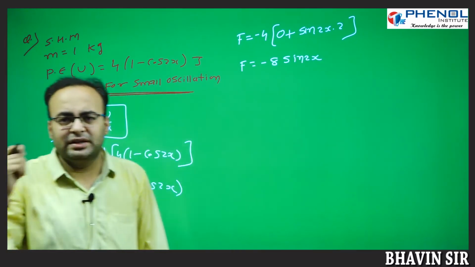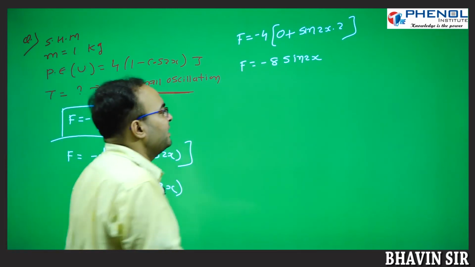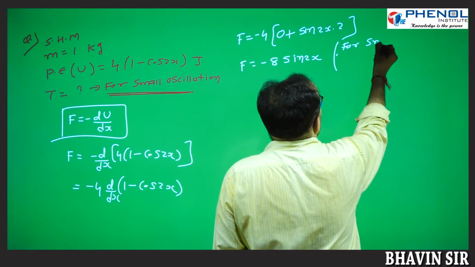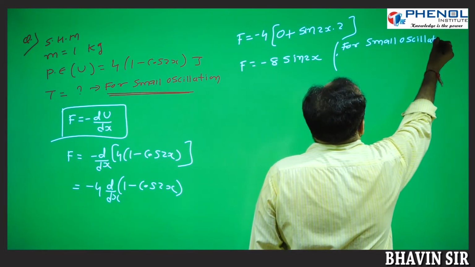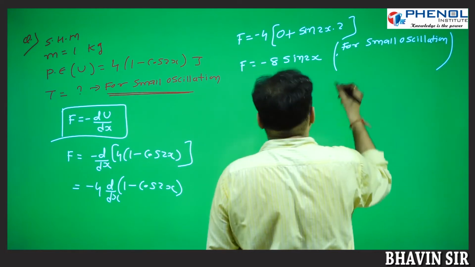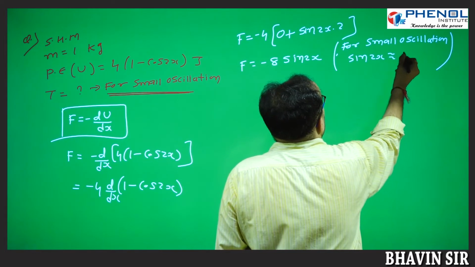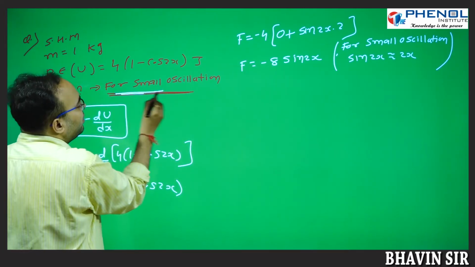Now students, see, it is a small oscillation, meaning the value of sine is small, so we take sine theta equal to theta. Okay, it is given time period for what?